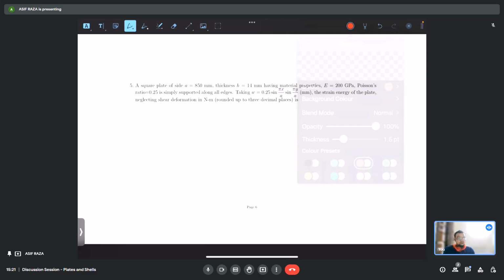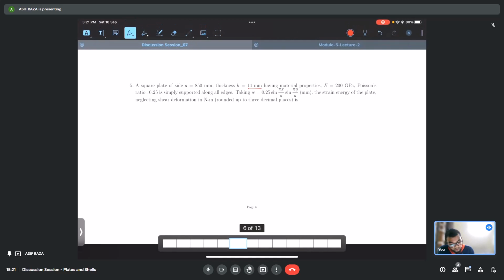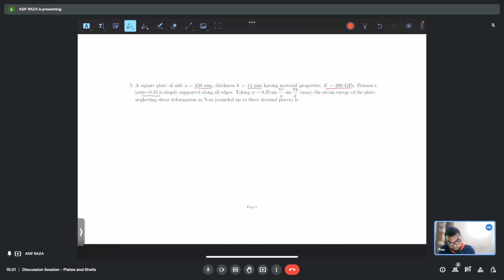Now let's move on to the fifth question. We are given a square plate of side a 850 mm, thickness 14 mm, material properties as Young's modulus of elasticity 200 gigapascal, Poisson's ratio 0.25, and this plate is simply supported along all edges.